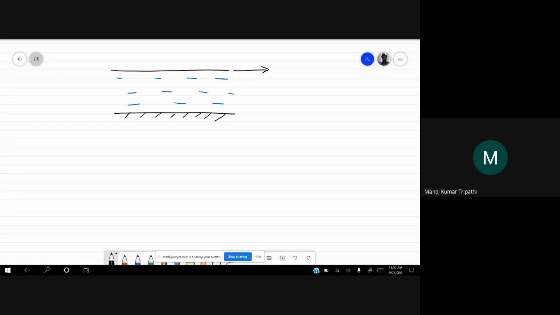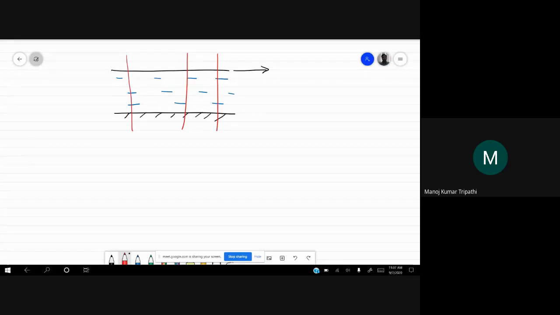Generally, the simplest case is without gravity, and these are infinitely long plates so that there are no edge effects, and at any cross section that you take, you will see the same kind of flow everywhere.